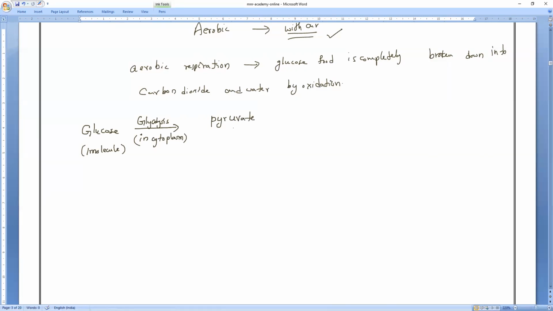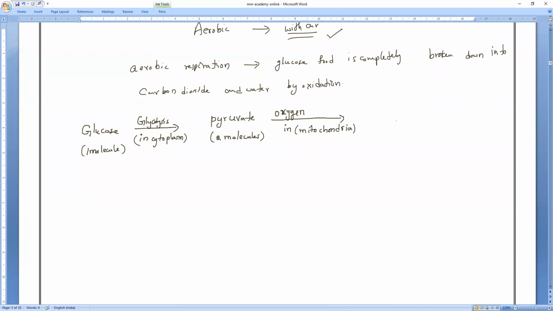For formation of pyruvate, is oxygen required or not required? Not required. Then if further oxygen is present, the process will take place inside the what? Mitochondria.